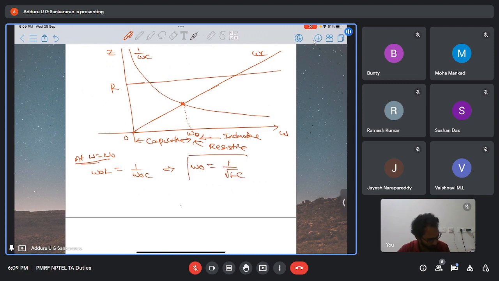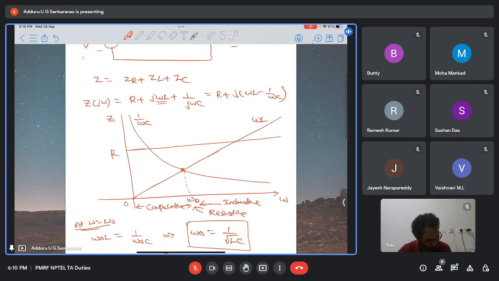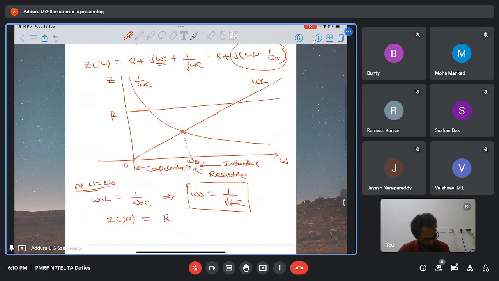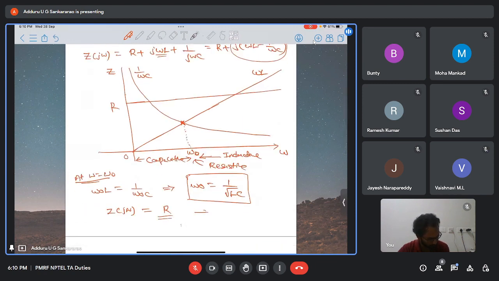So at omega naught equal to 1 by root LC, the impedance of the inductor and the impedance of the capacitor become equal. Then the resultant impedance will become only R. The imaginary part will become 0 at omega naught. So the circuit purely acts as a resistive circuit.